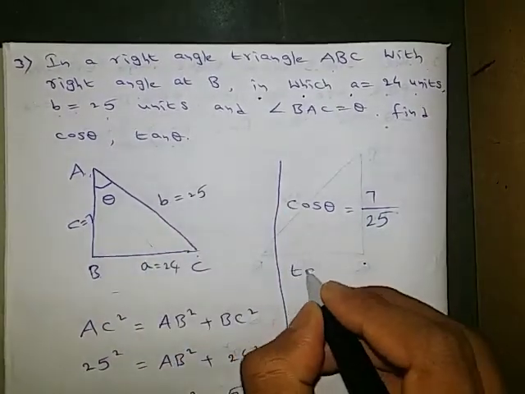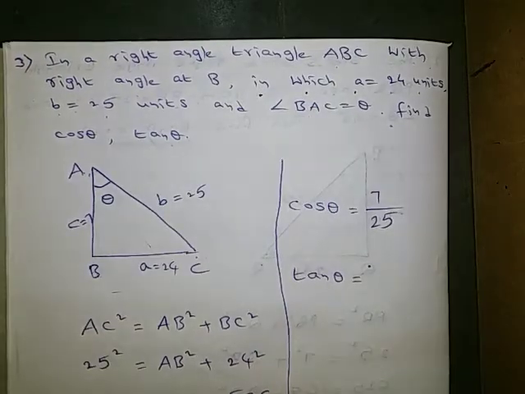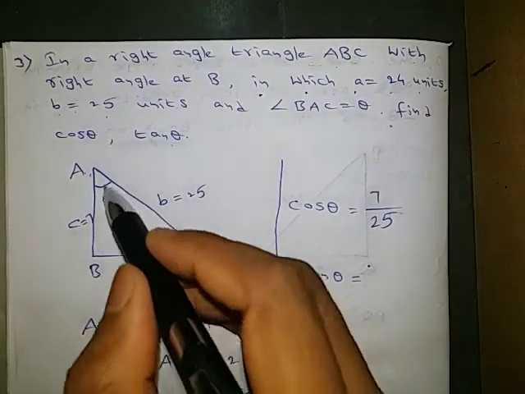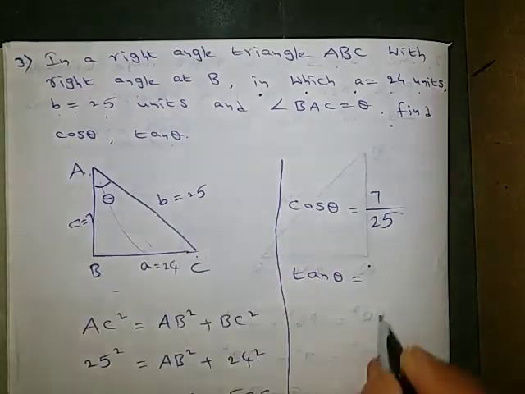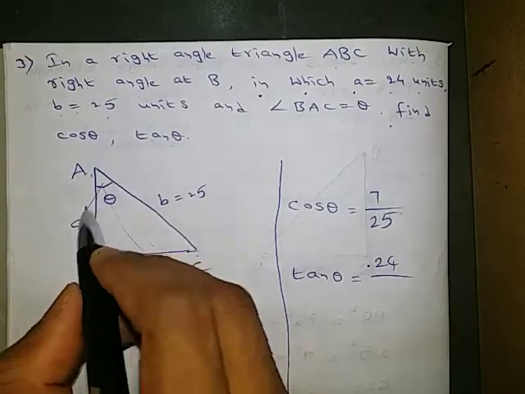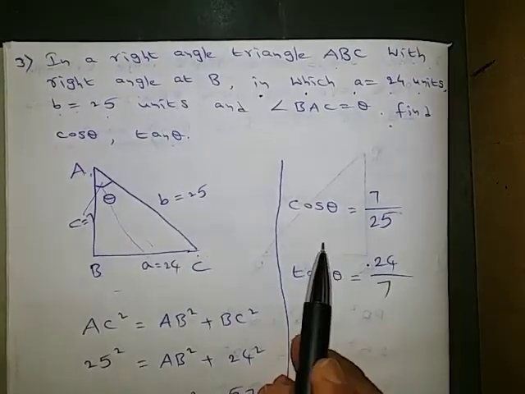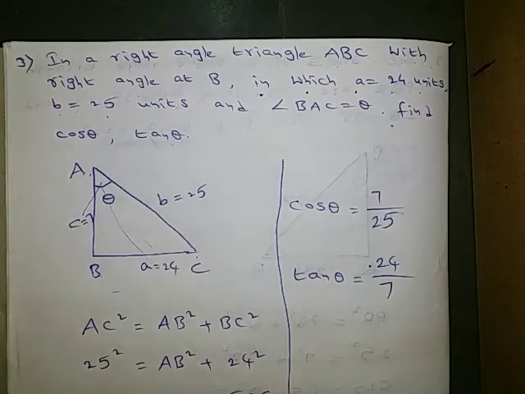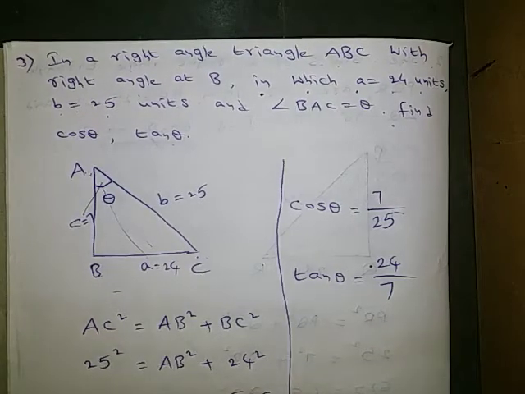Next, tan theta is equal to opposite by adjacent. For this theta, opposite is 24 divided by adjacent, which is 7. So the cos theta value is 7 by 25 and the tan theta value is 24 by 7.